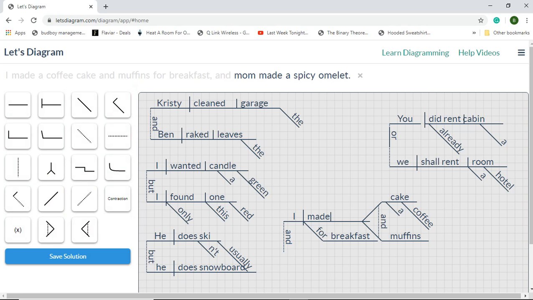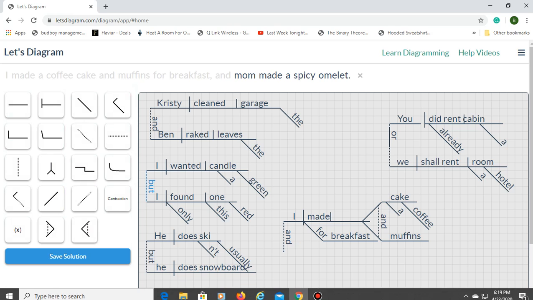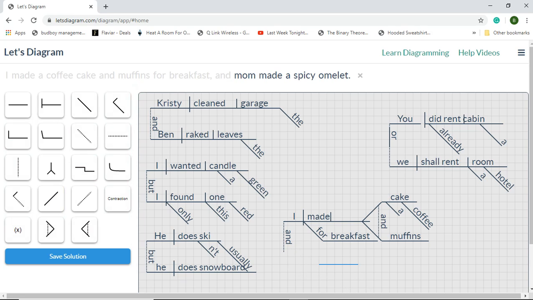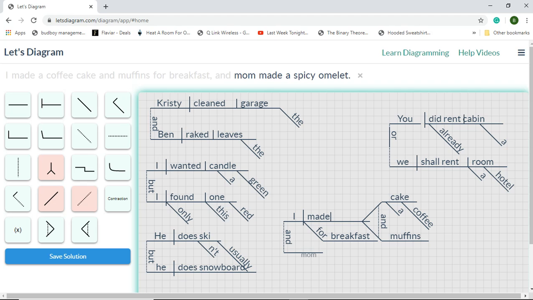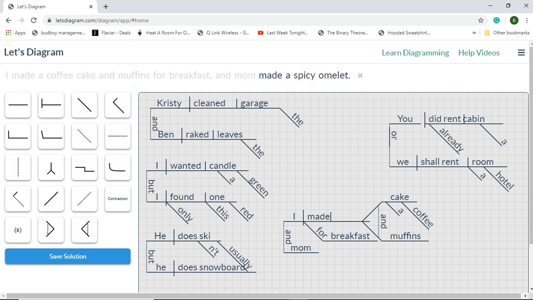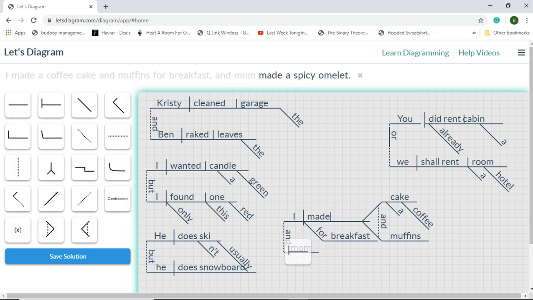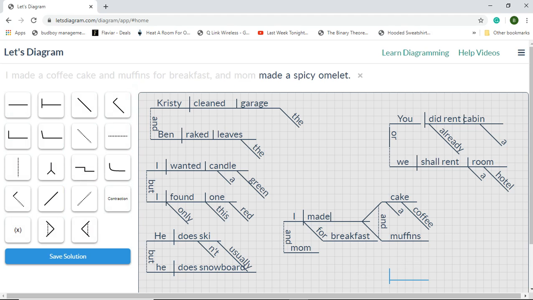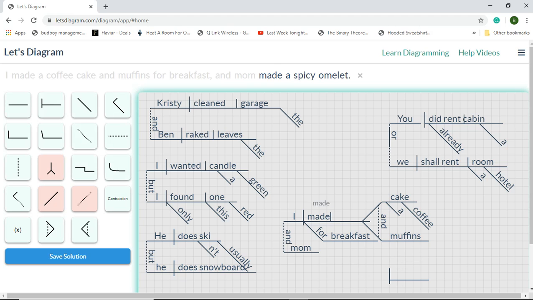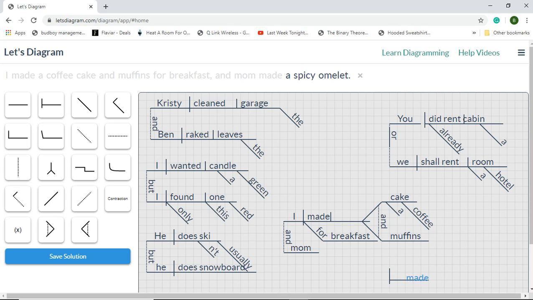Good. Now, let's keep going. For our second clause, Mom is the subject. And what did Mom do? She made something. Made. This is our transitive active verb, made.